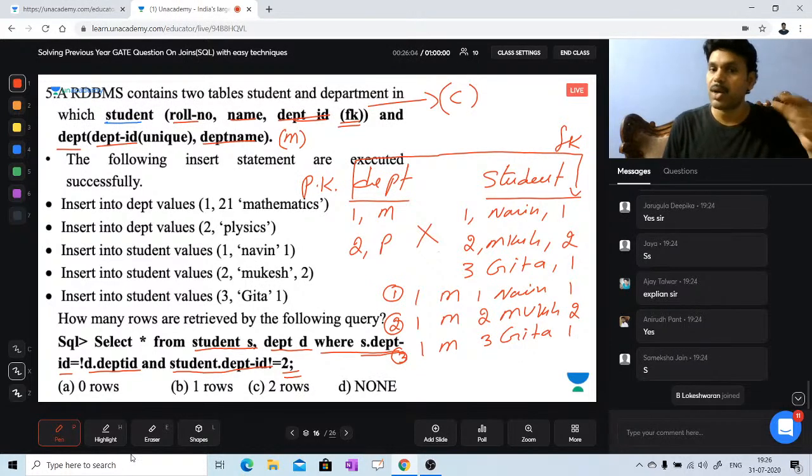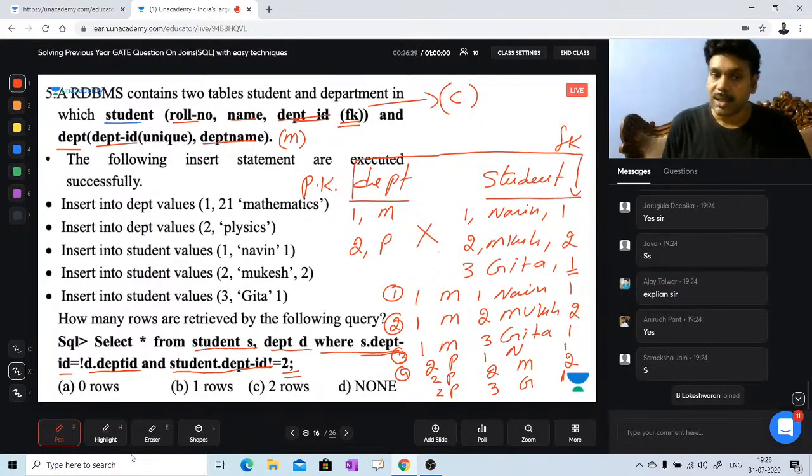So 1 maths is mapped 3 times. Next, the fourth row: 2 physics, and 2 physics, and 2 physics, which comes thrice. 1 Naveen and 1 is the number. Next 2 Mukesh, 2 is the number. Next 3 Geeta, and what is the number? Geeta's number is also 1.